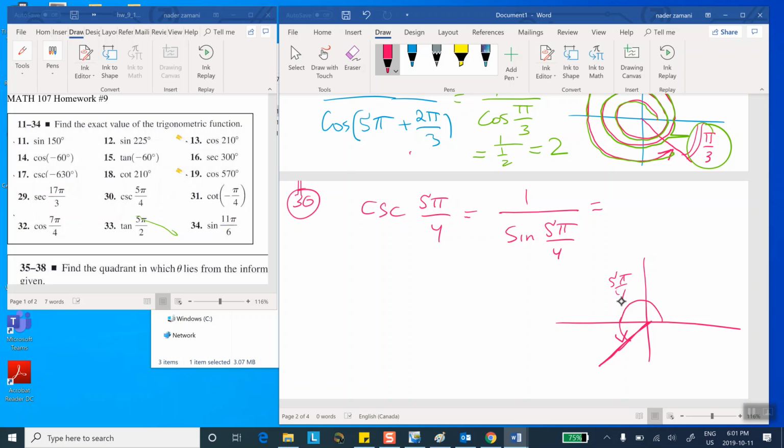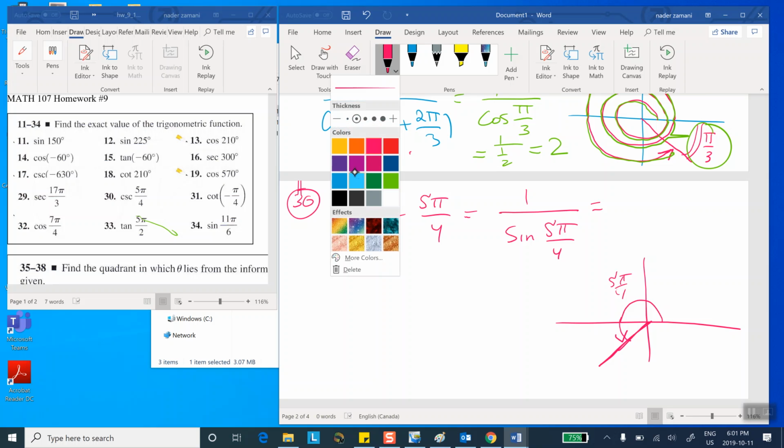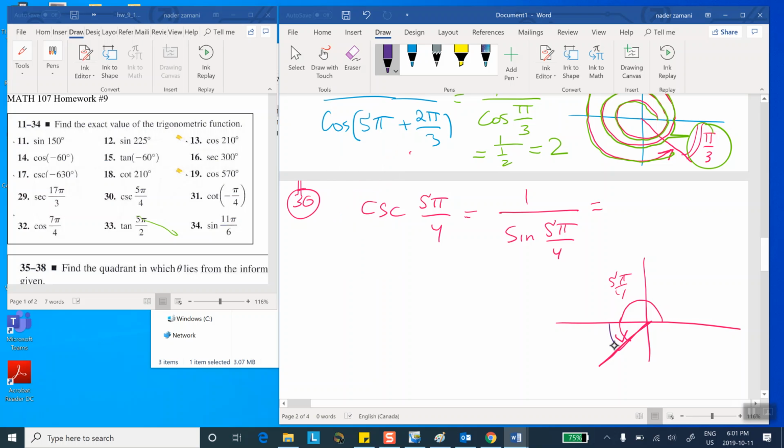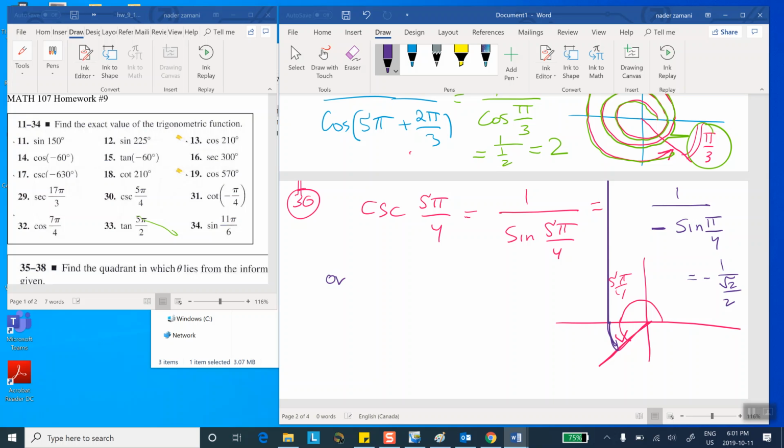Remember, the reference angle for it is pi over 4. So this is equal to 1 over sine of pi over 4, except that you need a negative sign in front of it to give you the correct algebraic sign. So this is minus 1 over root 2 over 2, or minus 2 over root 2, or minus root 2. These are all the same thing.